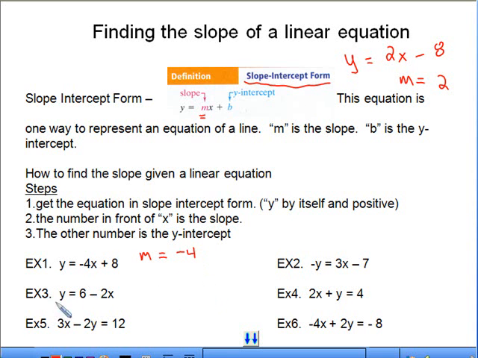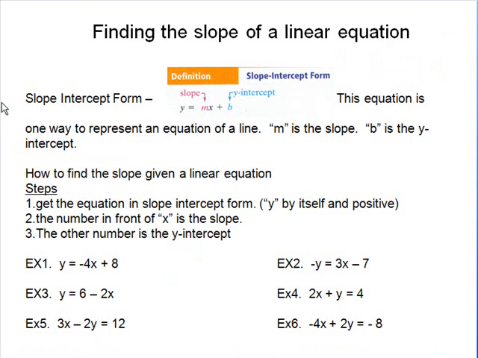In example 3, y is by itself and positive, so m is going to equal, what's the number in front of x? -2. Now in this problem right here, y isn't by itself and positive yet, so you're going to have to get y by itself and positive before you can find m. So let's do that.